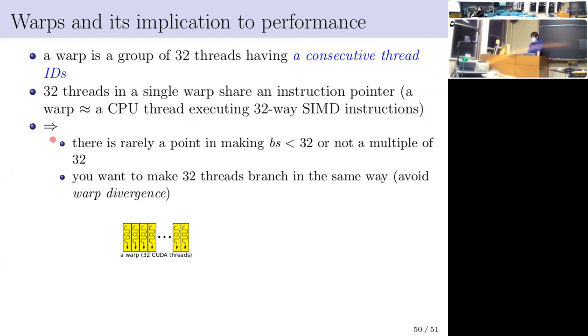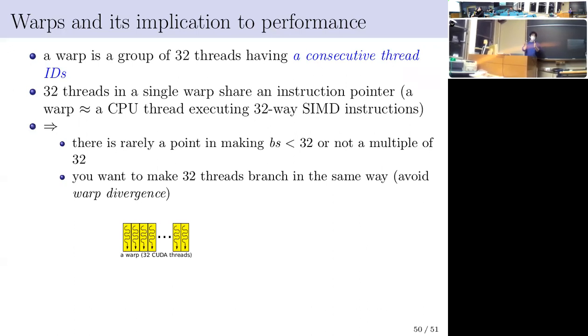So what are the important performance implications of this warp structure of the GPU? One implication is that there's really no point in making the thread block size less than 32, or not a multiple of 32 for that matter. For example, when you have only 4 threads within a single block, what actually happens is that you still have a single warp, but 28 threads are simply wasted all the time.